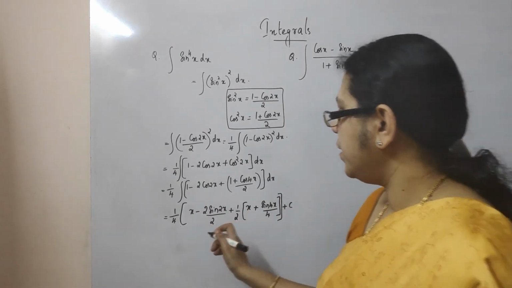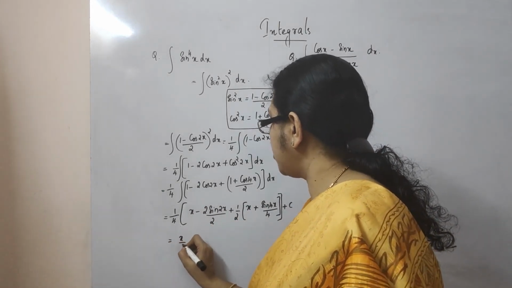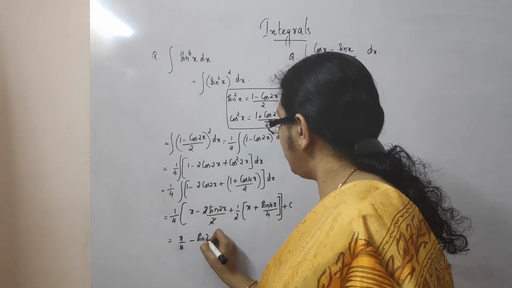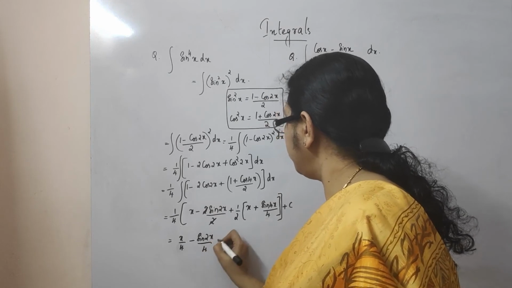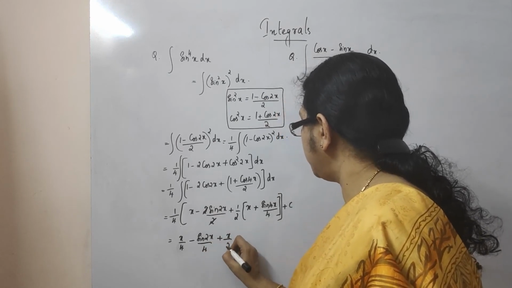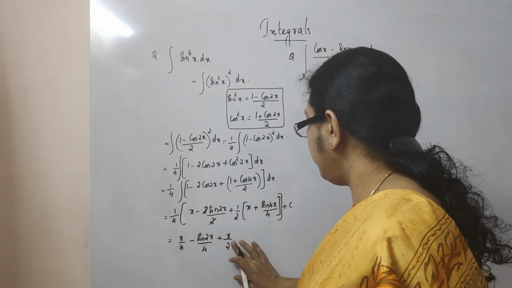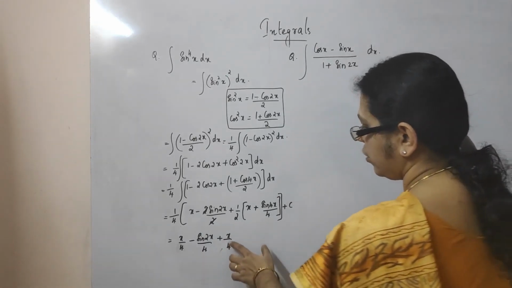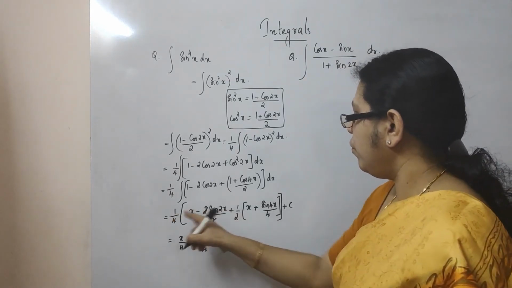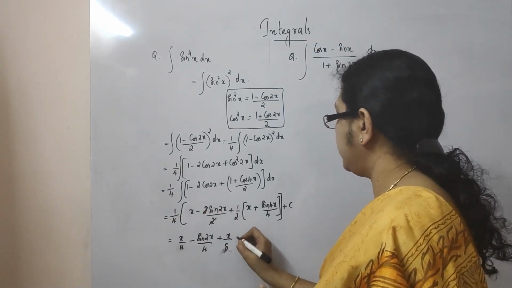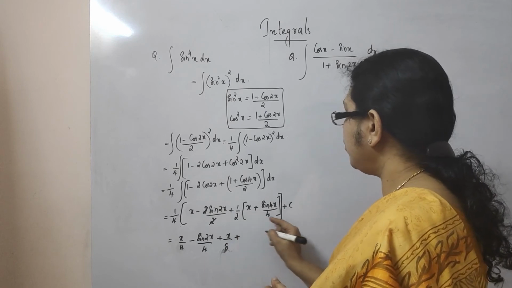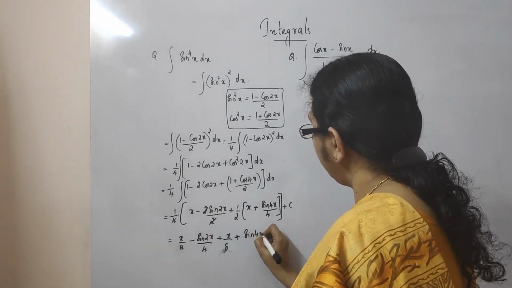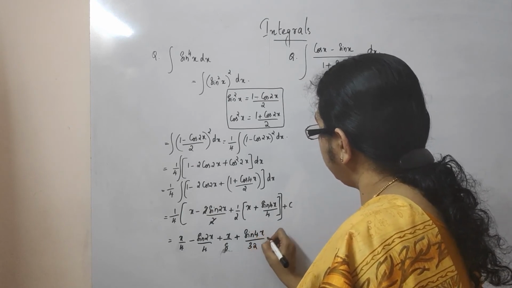If you want, you can take this 1 by 4 inside, that gives me x by 4, 2 and 2 cancel, minus sin 2x by 4 plus x by 8, because 4 into 2 is 8, and 8 fours are 32, sin 4x by 32 plus c.